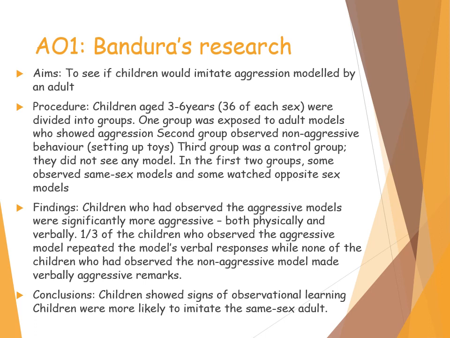So it was concluded that children who were shown the aggressive model were more likely to imitate it. Therefore they demonstrated signs of observational learning, vicarious reinforcement. Children were also more likely to imitate the same-sex adult, so the idea that gender is an important factor in the role model and identification.